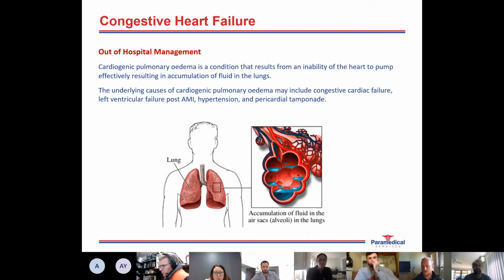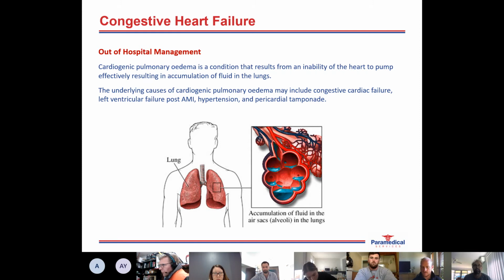The out-of-hospital management is to address the cardiogenic pulmonary edema, which results from an inability of the heart to pump effectively, resulting in accumulation of fluid. The underlying causes of cardiogenic pulmonary edema can include congestive cardiac failure, left ventricular failure post-AMI, which is an important one for us to understand, that if our patient has sustained prolonged ischemia to the heart, we may start to see a profound impact to the ventricle.